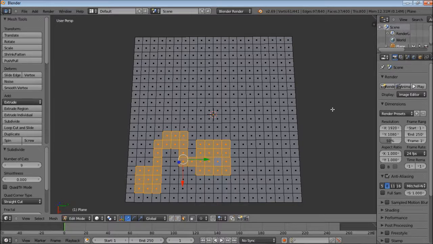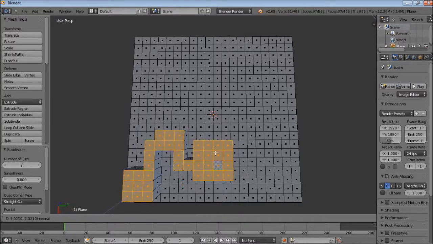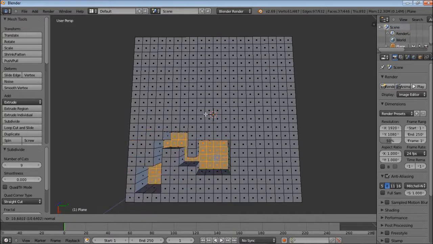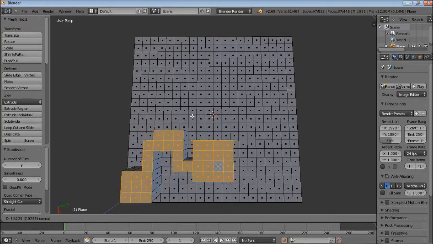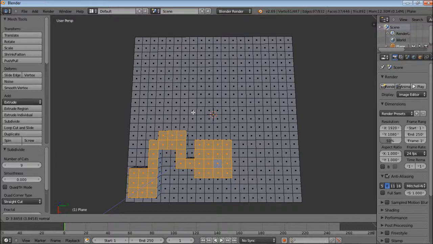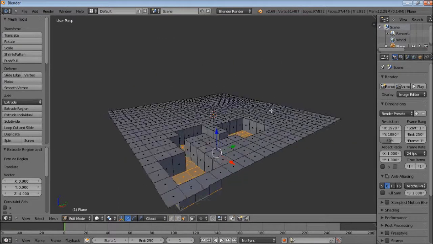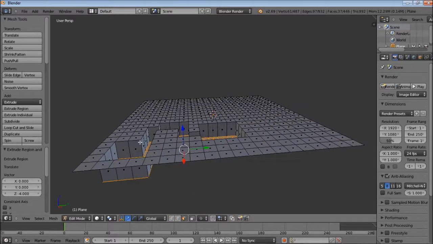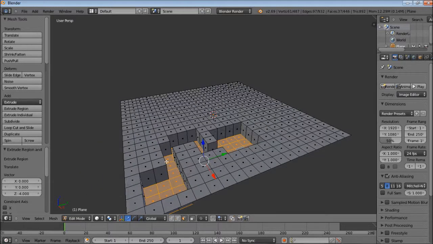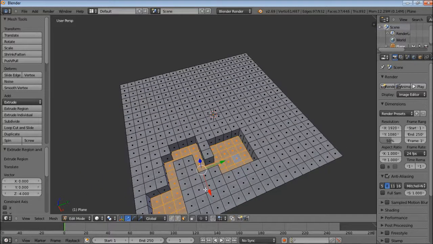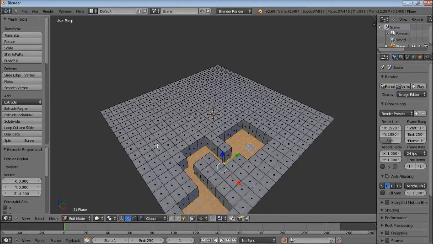So it's just going around doing that, and then when I want to make it into an actual game, like level room thing, I just extrude it by -4 down, so it creates that. So walls, corridors, and rooms, basically.